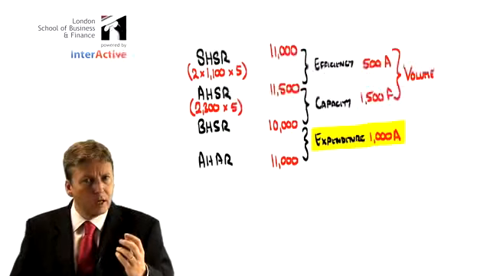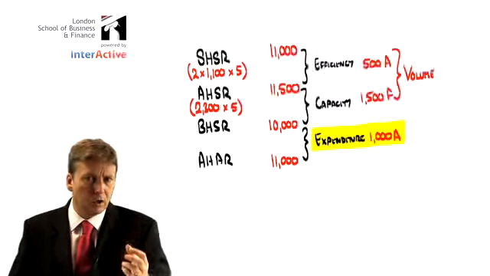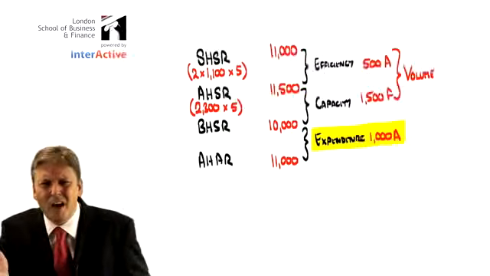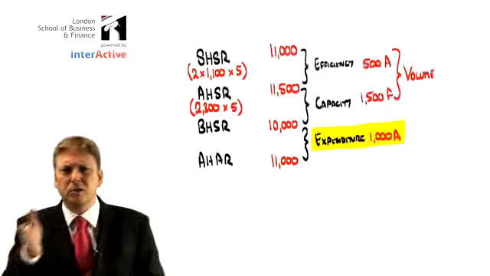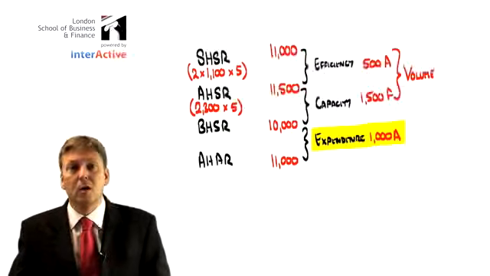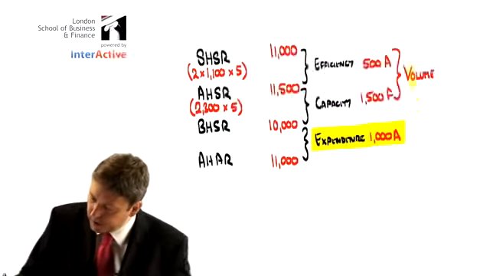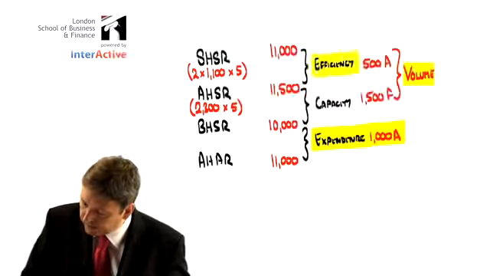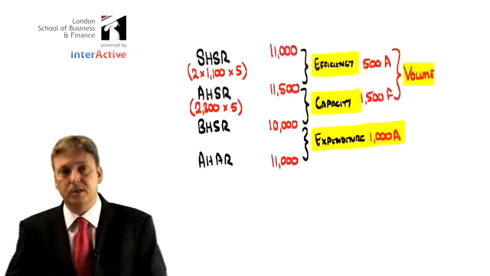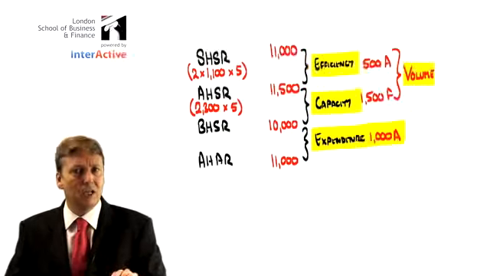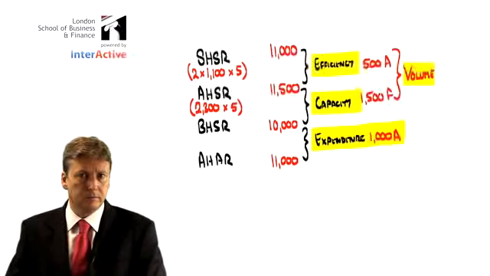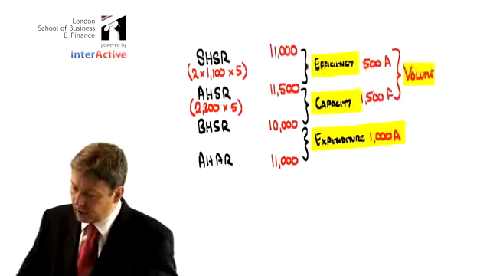Now, when we come to look at marginal costing, do we try to absorb the fixed cost to the product? Well, the answer is no. And as such, when we look at these, the volume, hence the efficiency and capacity variances, they will not be calculated in marginal costing.